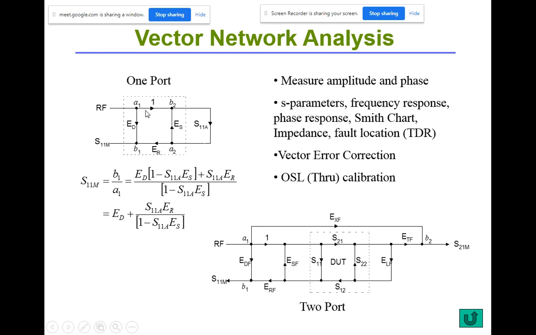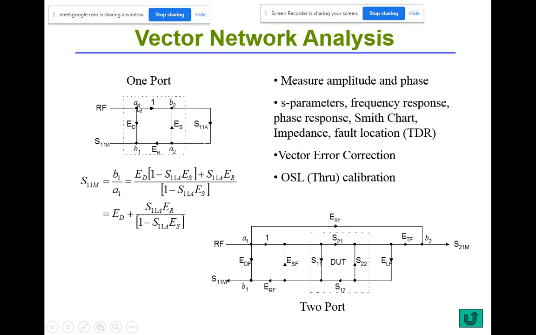From this graph, what is the path to go from A1 to B1 so that we get S11M? There is one path, which is ED, multiplied with 1 minus the loop gain. The loop gain is S11A times ES, so 1 minus S11A times ES.